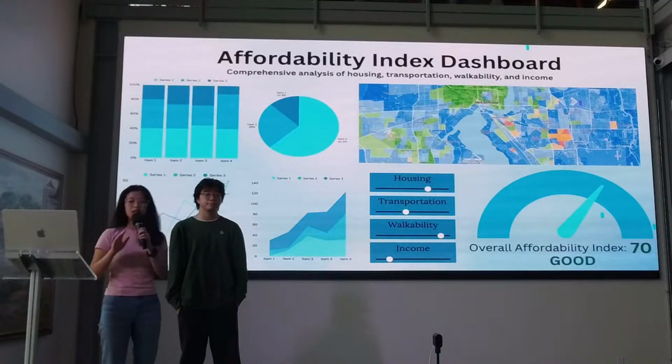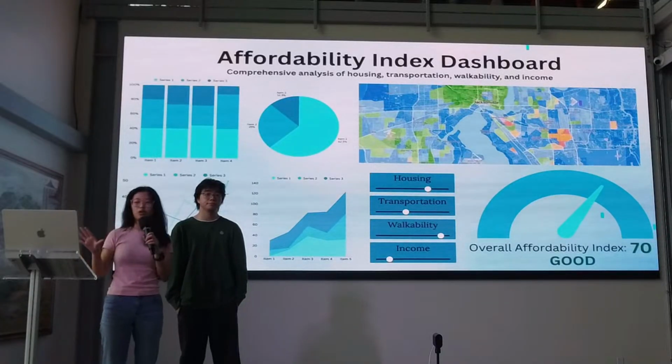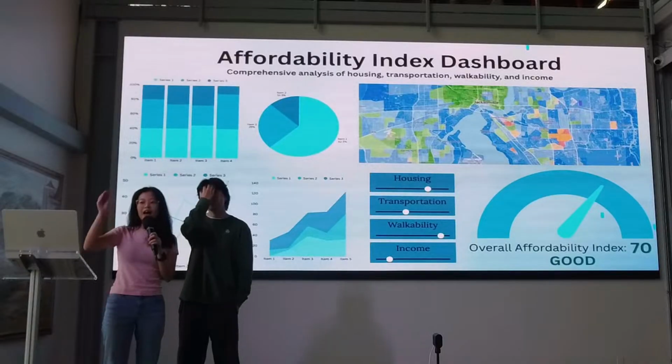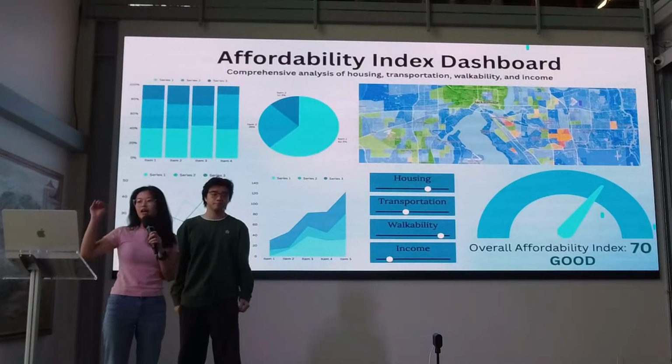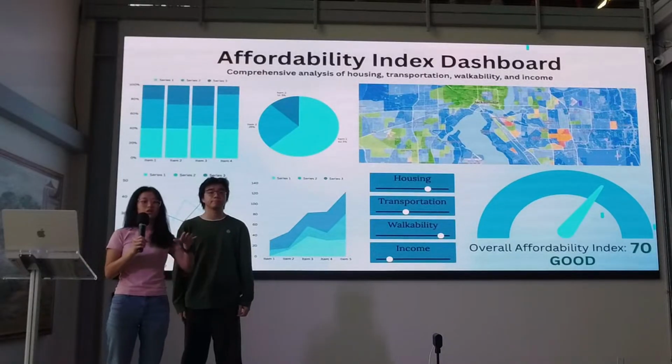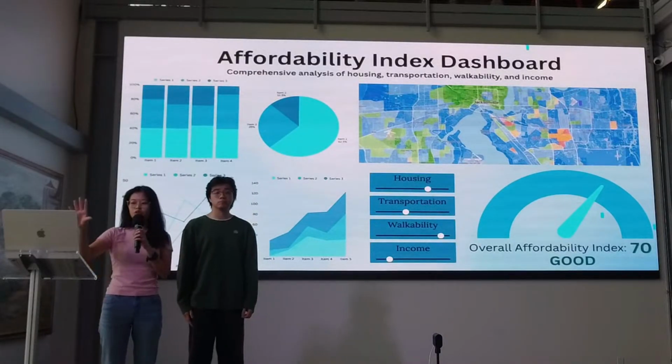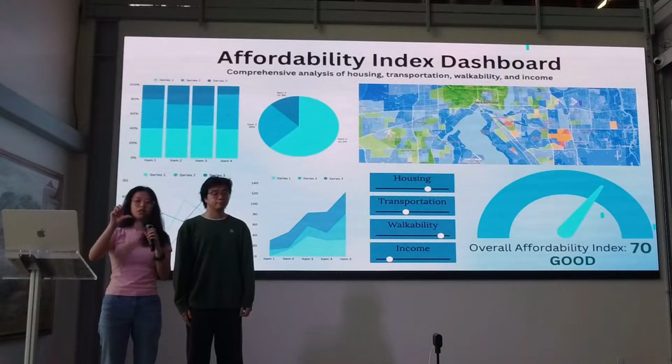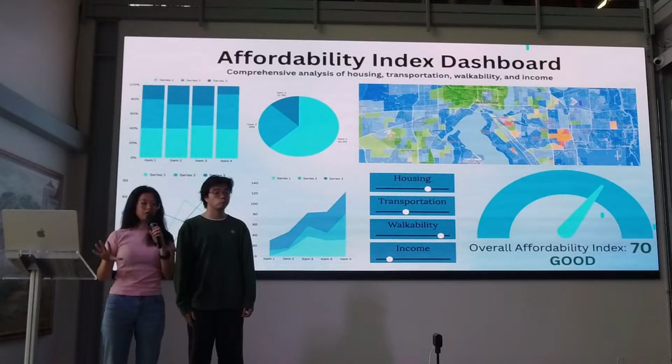So we will have a heat map with different color coding. When it has a high affordability index, we will have a darker shade, and when it has a lower affordability index, a lighter one. We also provide sliders for the users to adjust the weights of each variable with their own preferences.